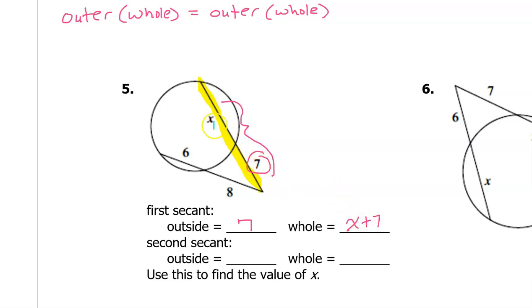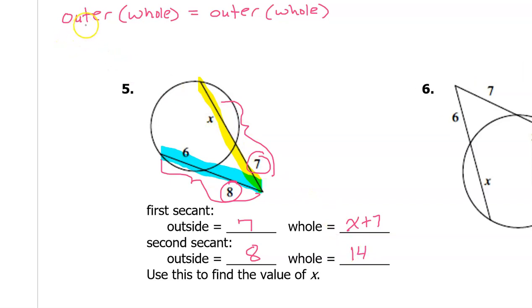Now let's look at another secant line, which is this. The outer part is this 8, but then the whole thing is 6 plus 8, which is 14.